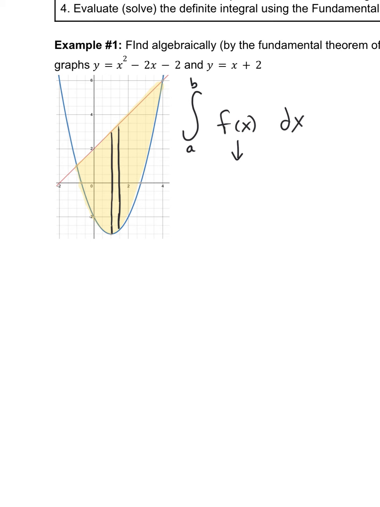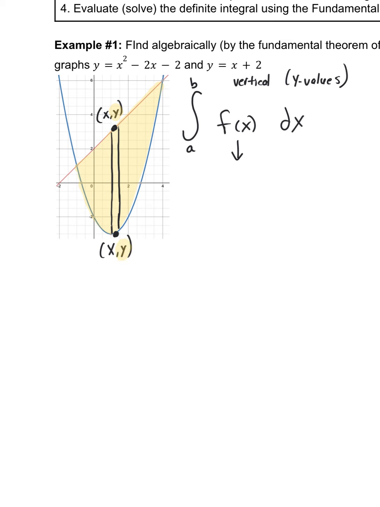Now, if you have a vertical rectangle, you are going to key in on the y values. So you want to visualize a point at the top of the rectangle and a point at the bottom of the rectangle. The point at the top of the rectangle is on the line, and the point on the bottom of the rectangle is on the parabola. So visualize those two xy points. And again, you want to focus on the y values.